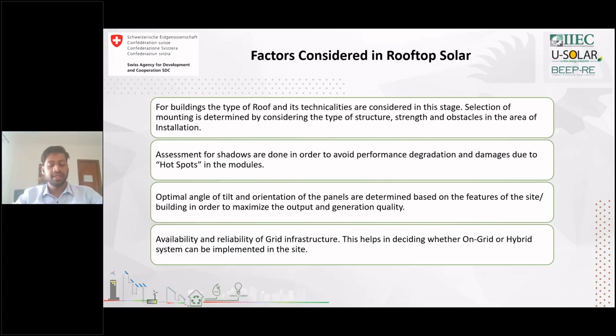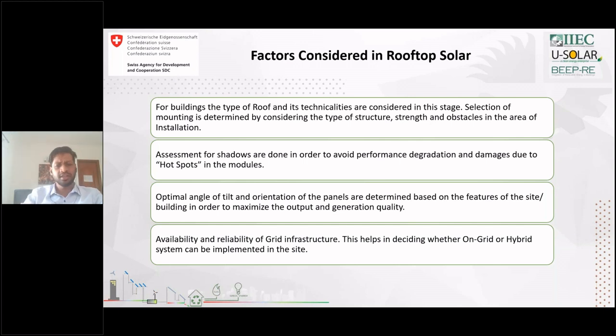Basically, let's briefly explain the available technologies and where these technologies can be adopted based on your requirements. Based on the type of roof available, we'll define the structures to be placed. For example, a sheet roof has its own aluminum structures.